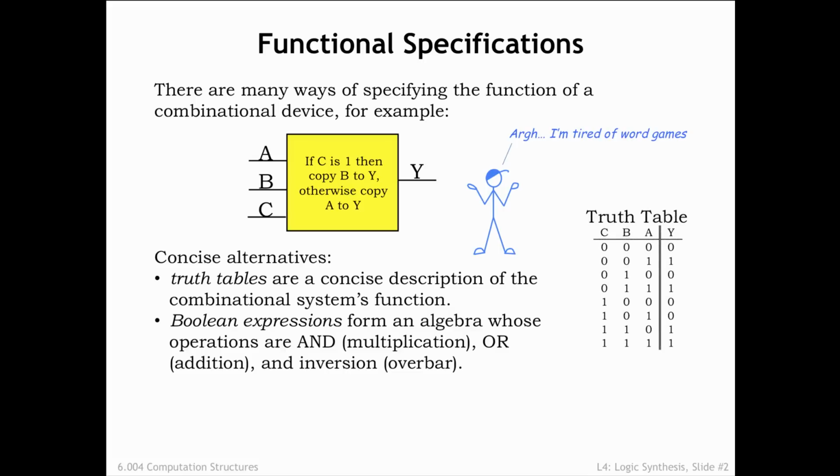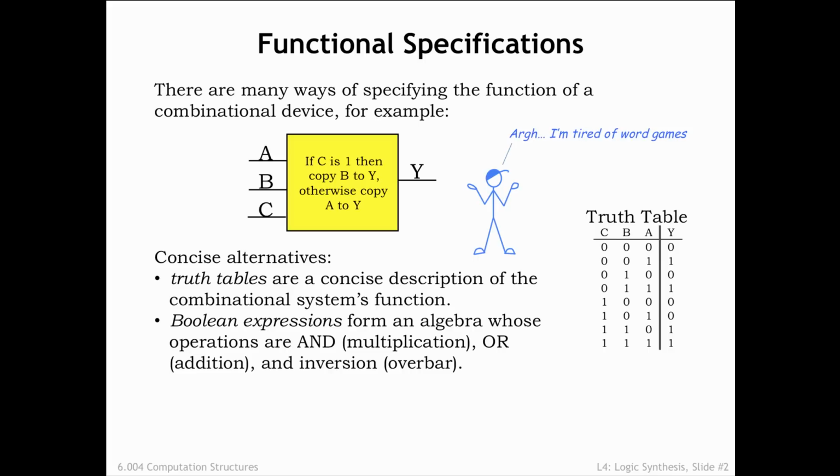Truth tables are a straightforward tabular representation that specifies the values of the outputs for each possible combination of the digital inputs. If a device has n digital inputs, its truth table will have 2 to the n rows. In the example shown here, the device has 3 inputs, each of which can have the value 0 or the value 1.